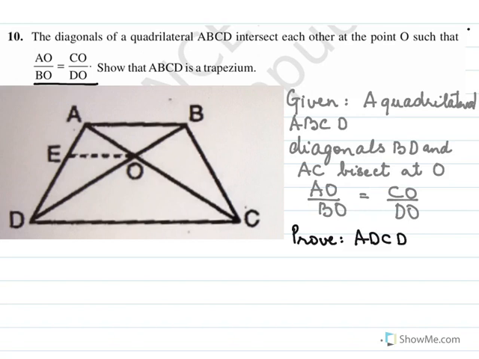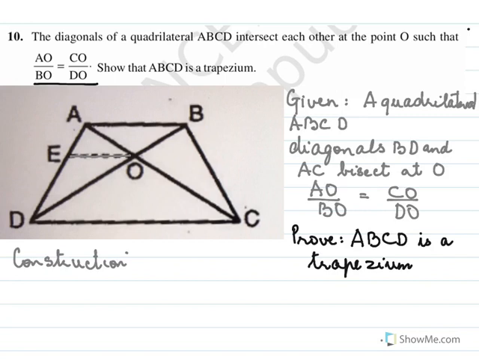We need to prove that ABCD is a trapezium. In other words, we have to show that AB is parallel to DC. Here we do a construction, that is EO parallel to DC. So if I do now EO parallel to DC, I can now use BPT.